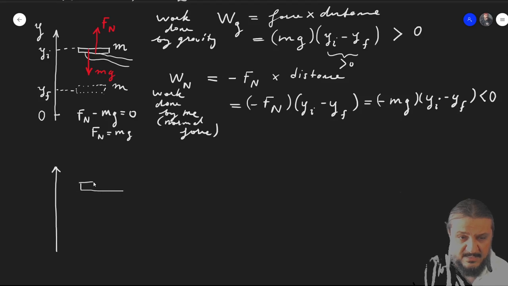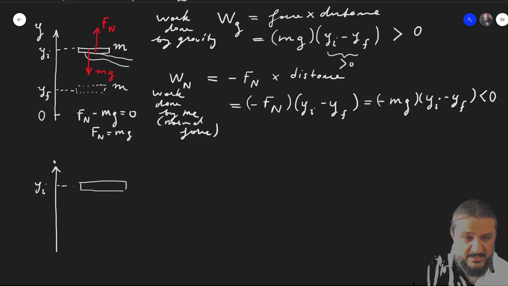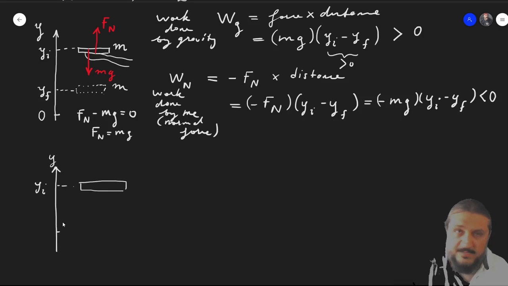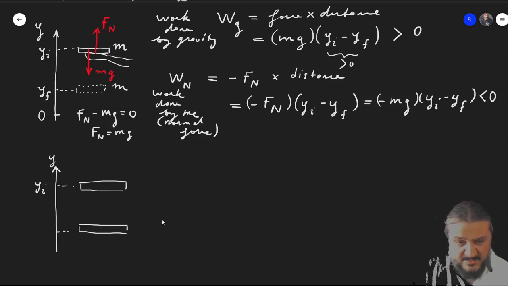This is the object at yi, but then you let it fall, free fall. It's not going to stop at yf, of course. It's going to have a speed here, which you can find, but it's not important right now.